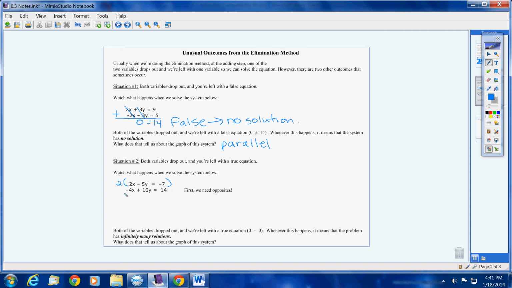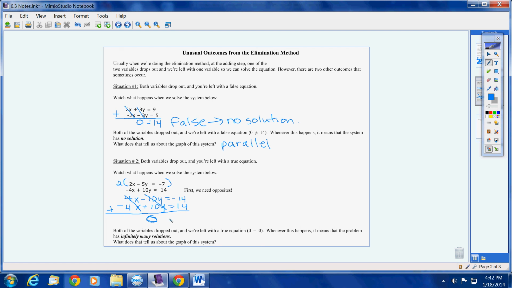So if I multiply by 2, I get 4x minus 10y equals negative 14. And the bottom equation would stay the same: negative 4x plus 10y equals positive 14. So now I'm ready to add them together. And my x's cancel out, which is what we wanted. But now my y's cancel out again too. So both of them are canceling out, leaving me with 0.